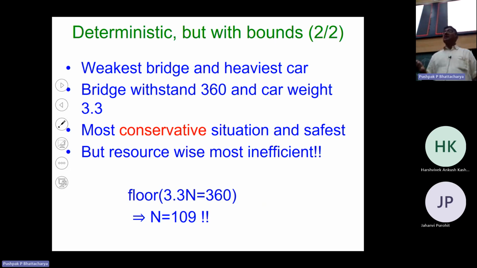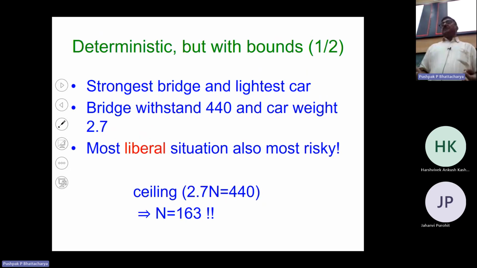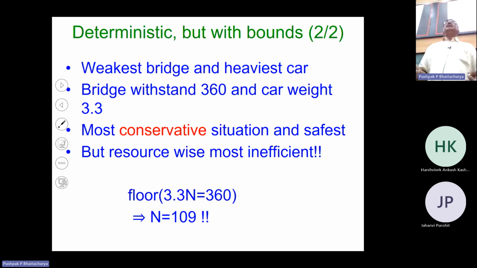And 3n equals 400 gave me 133. So we have three numbers: 133, 163, and 109. Notice that I cannot give any guarantee. I have no instrument in this approach to say that with such and such probability the bridge will break or will not break.